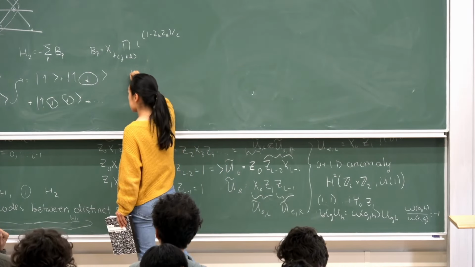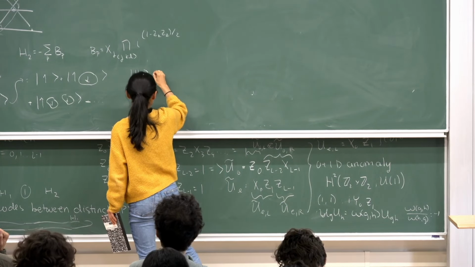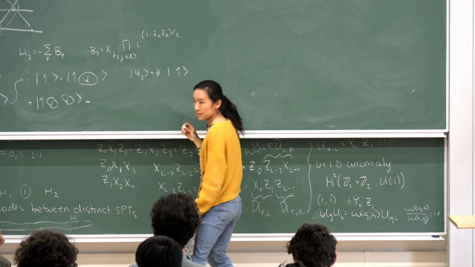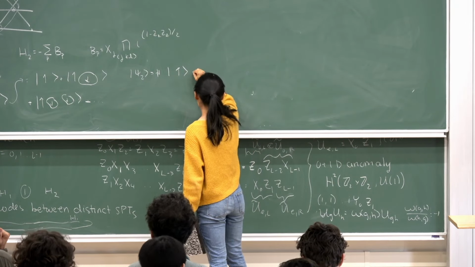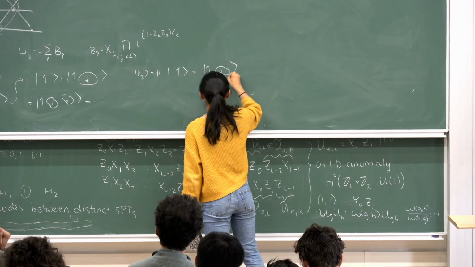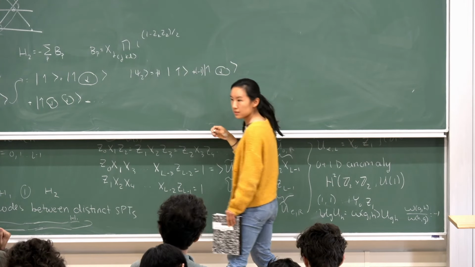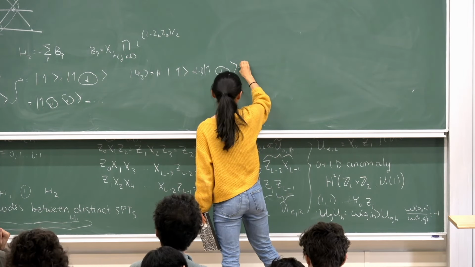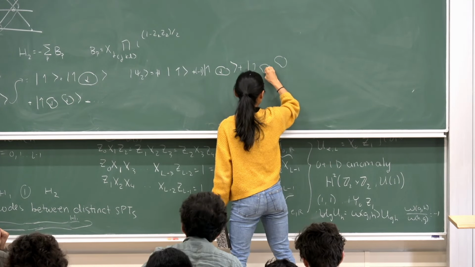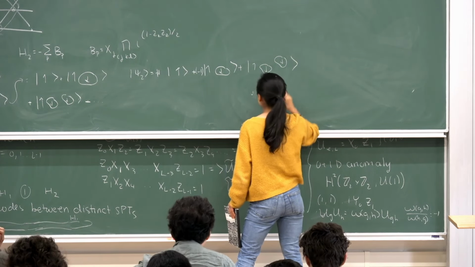If you look at this ground state, you have the up state, but when you insert a single domain wall, it comes with a minus sign. And when you insert 2 domain walls, it again comes with a plus sign.